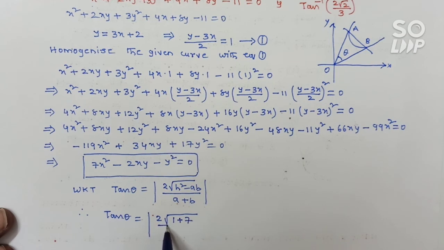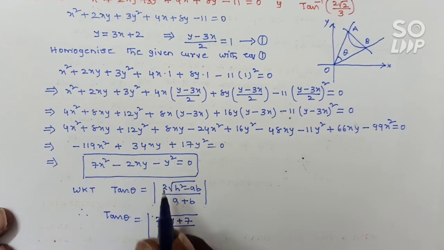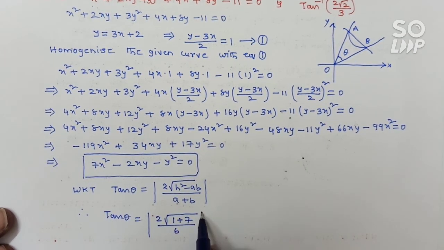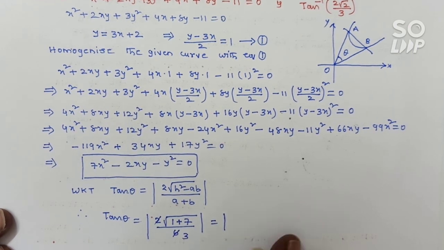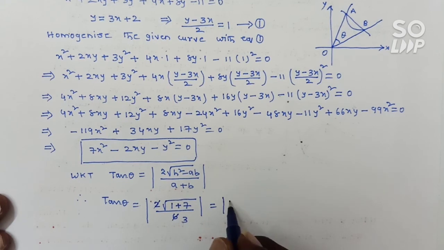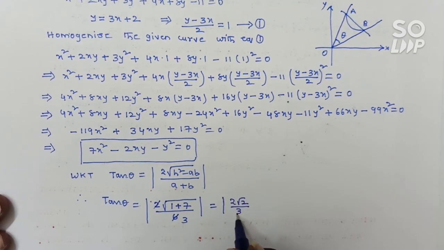Whole divided by a plus b, which is 6. So this value is modulus of 2 into root 8, where 2 goes 3 times. Root 8 is 2 root 2, whole divided by 3.